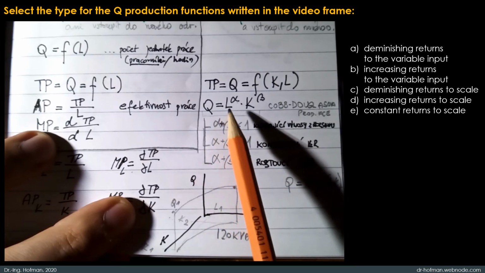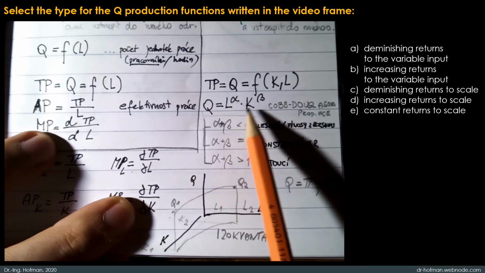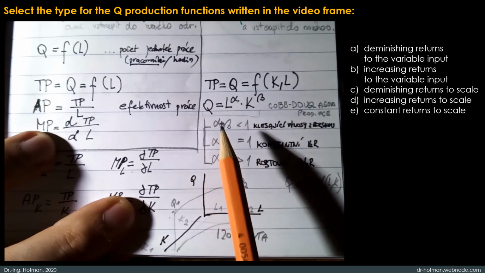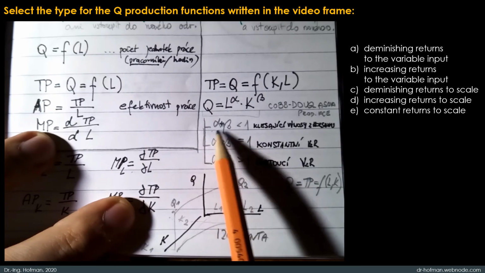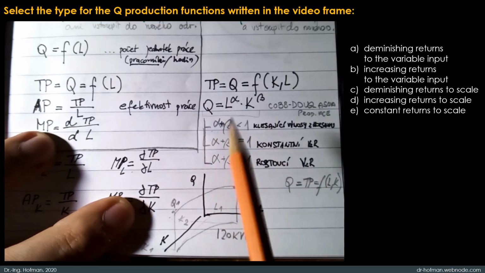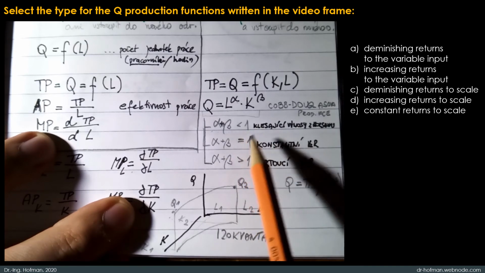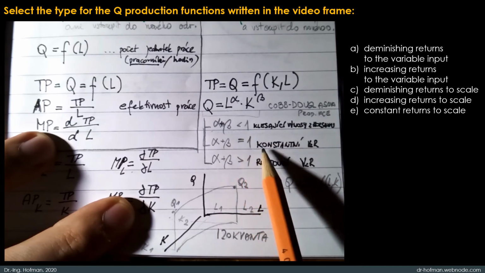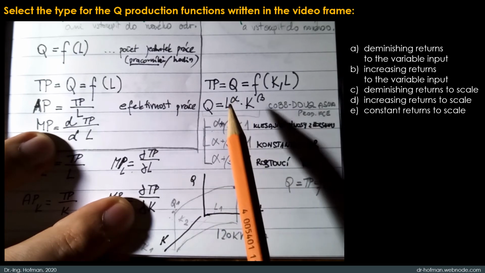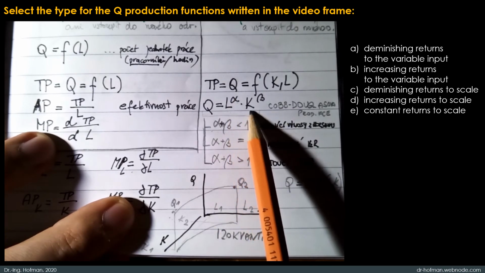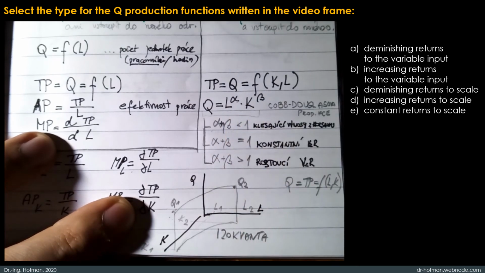Let's repeat the Cobb-Douglas production function as Q is L to the alpha times K to the beta. And if you sum the exponents and compare with 1, you know diminishing, constant, and increasing returns to variable input or scale.